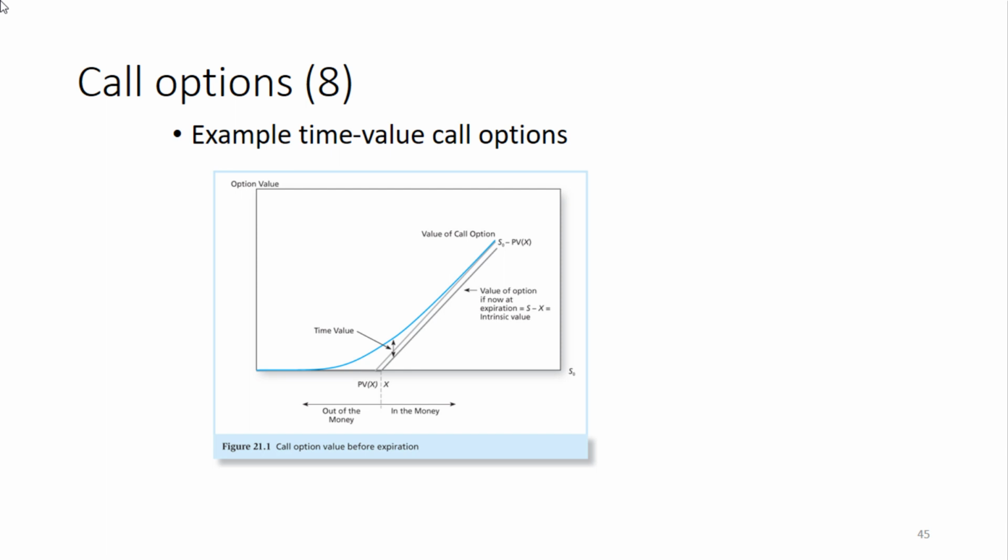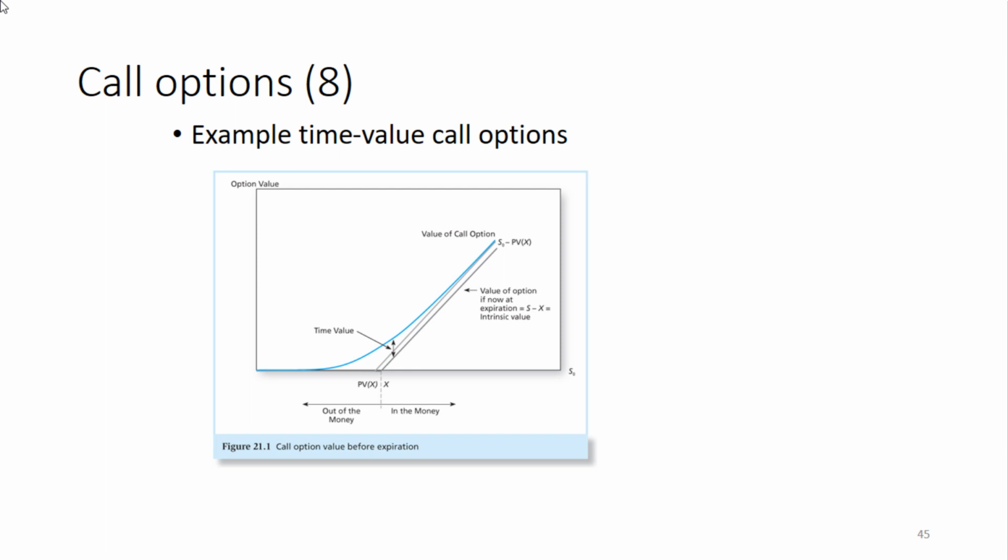So the blue line is the value of the option, which is the combination of the intrinsic value and the time value. So when I look vertically, when the intrinsic value is 0 and the blue line is still positive, then all the value that the option has is time value.